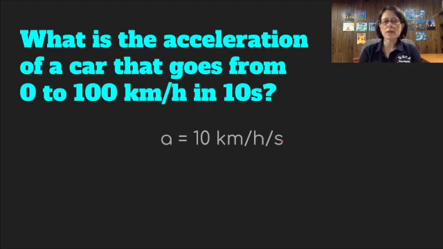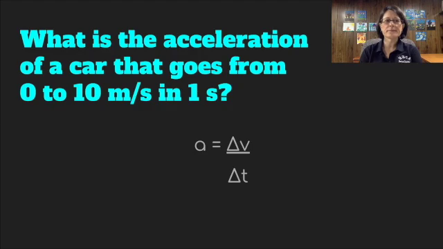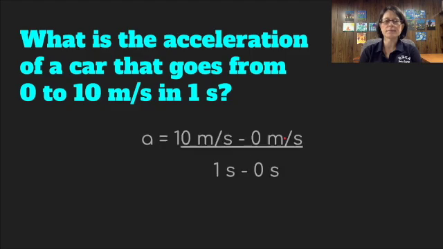So let's take a look at another example. What is the acceleration of a car that goes from 0 to 10 meters per second in 1 second? So again, I start with my equation always. Then I plug in my numbers. I put my final velocity minus my initial velocity, which is 10 meters per second minus 0 meters per second, over my final time minus my initial time, which is 1 second minus 0 seconds.